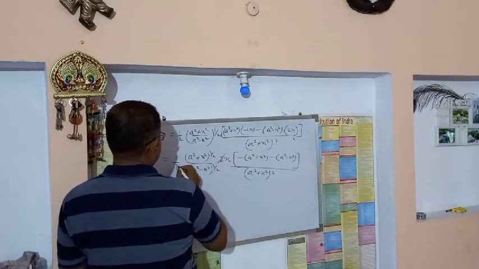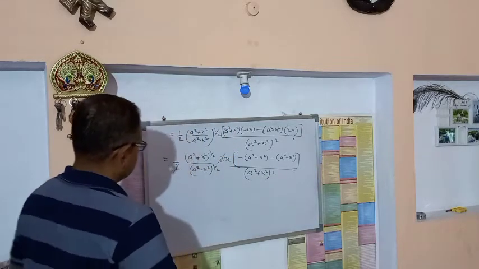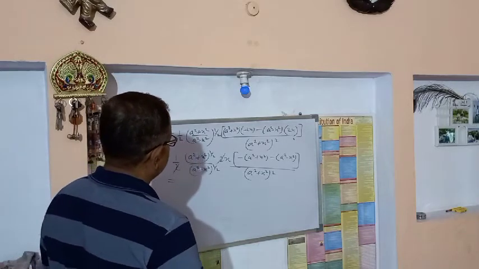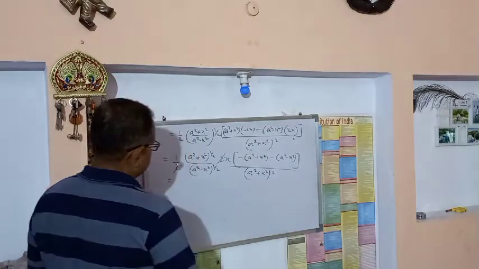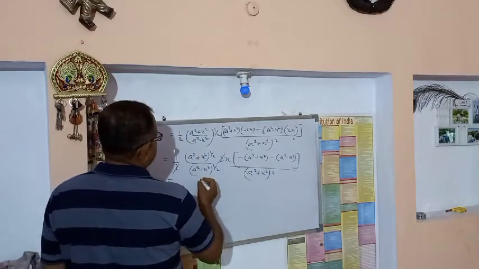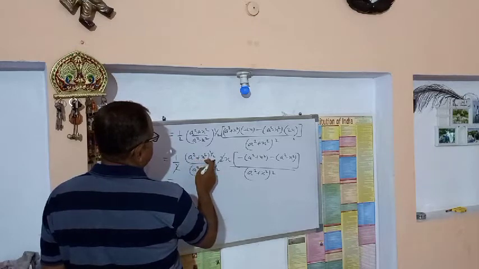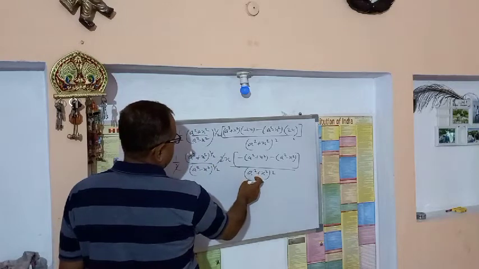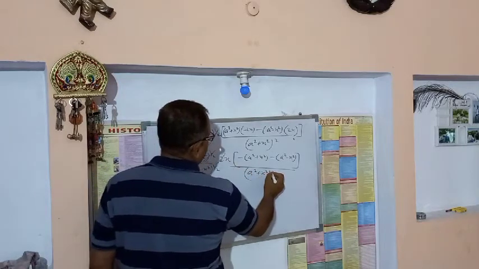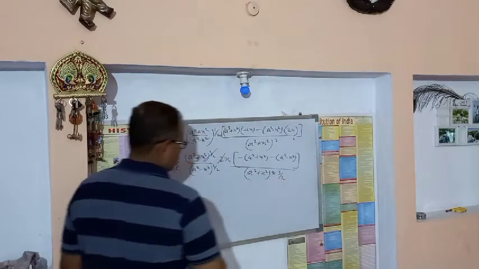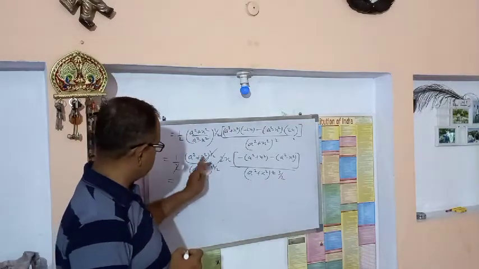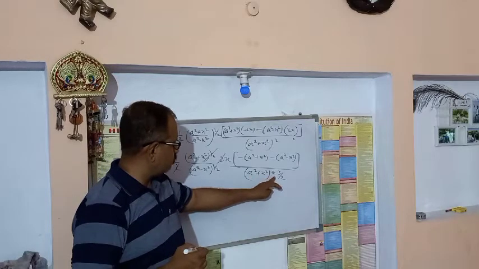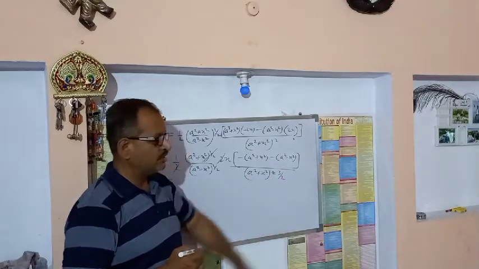We can cancel this. Here a square plus x square 1 by 2, here a square plus x square power 2. If we take it downside, then this one is cancelled, and here we can get 3 by 2. When we take it into the denominator, it will be a square plus x square, 2 minus 1 by 2, which means 3 by 2.